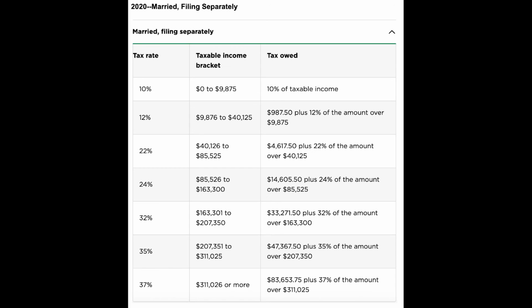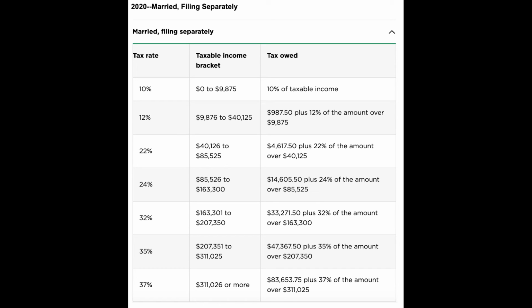So if you are married filing separately for the year of 2020, there are 7 tax rates, but the brackets based on the income level change yet again. So when you are looking at the 10% tax rate, you will have a taxable income bracket up to $9,875. If you are at the 12%, you'll be up to $40,125. At the 22% mark, you'll be up to $85,525.